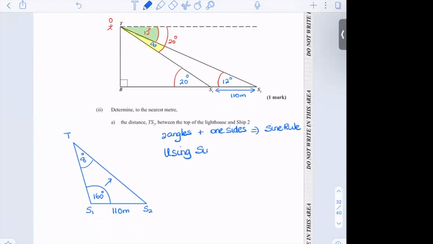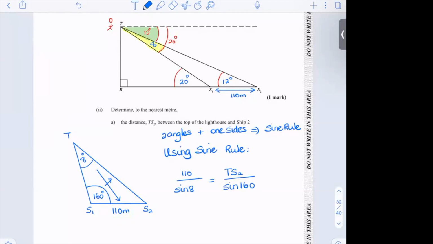Using the sine rule, what is the length of the side opposite 8 degrees? 110. So 110 over sine 8 is equal to TS2 over sine 160.